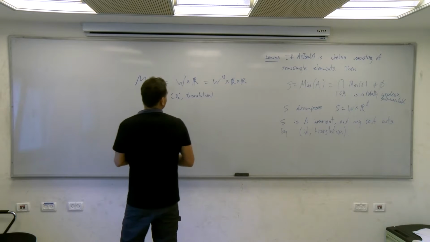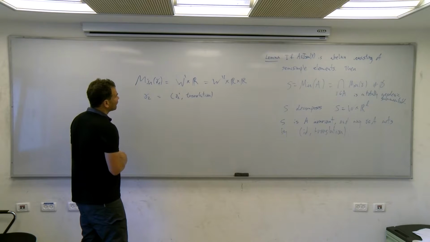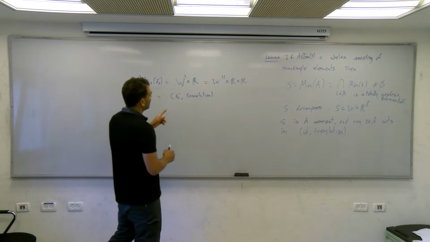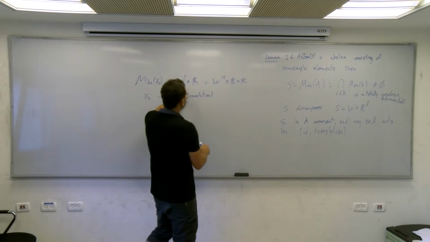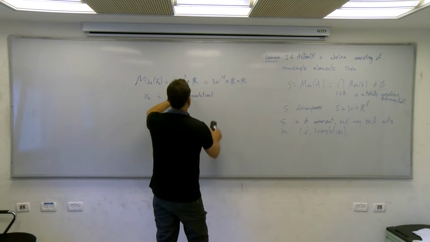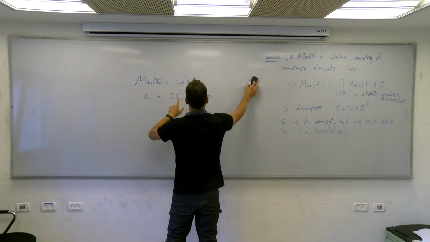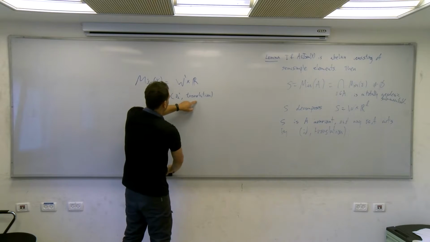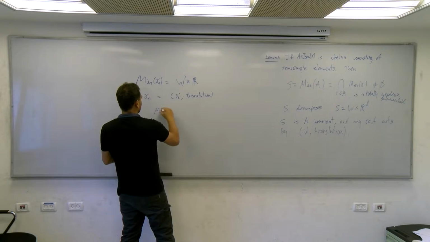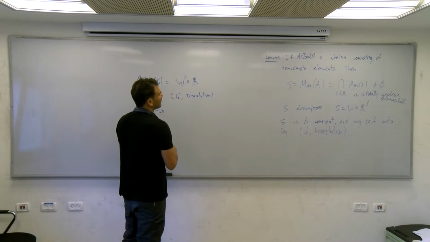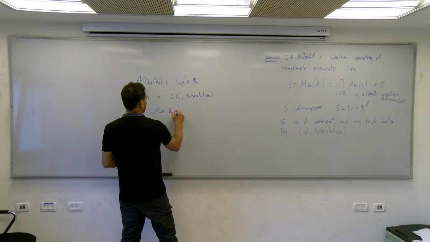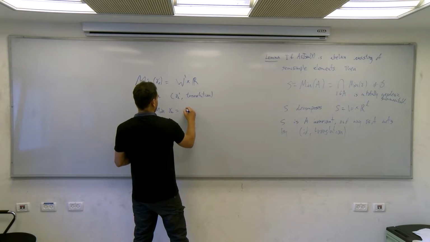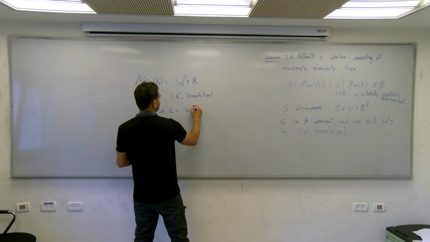So the minimal set all the time shrinks. Sorry, this set is, so it acts by gamma 2 and translation, and the minimal set for gamma 2 will be W. Gamma 2 prime maybe?